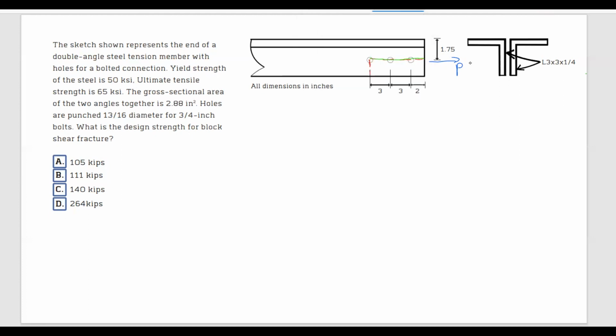This plane shown in green is called the shear plane, because when this plane fails, it fails due to shear. And in purple, this section here is called the tension plane.